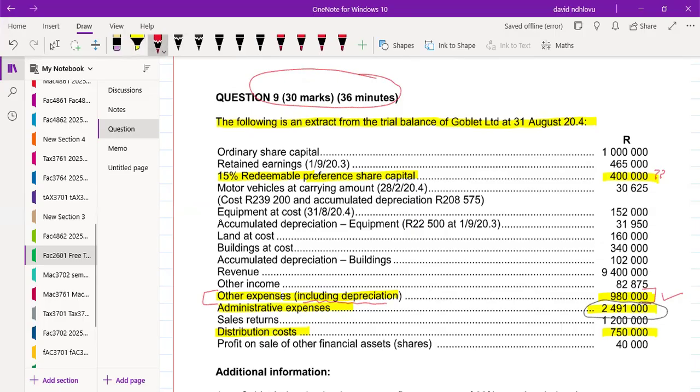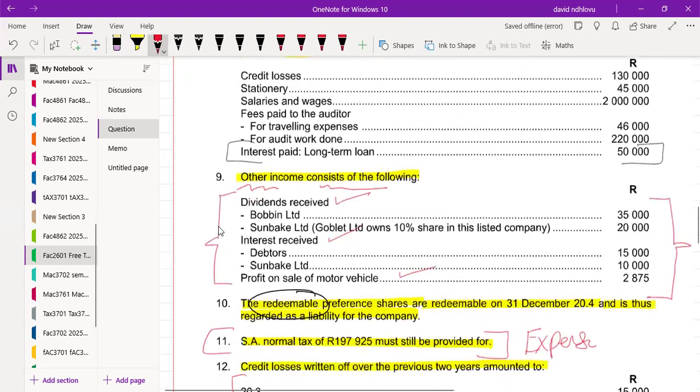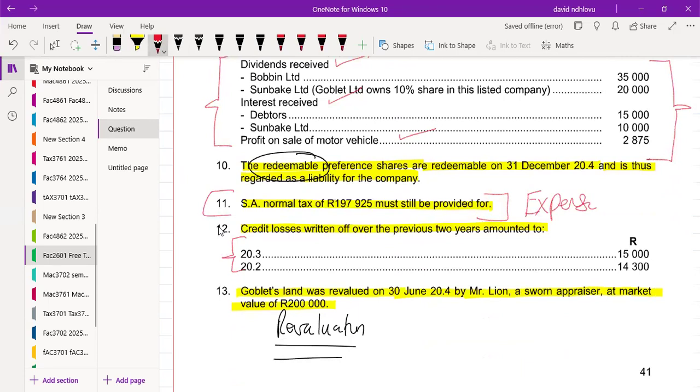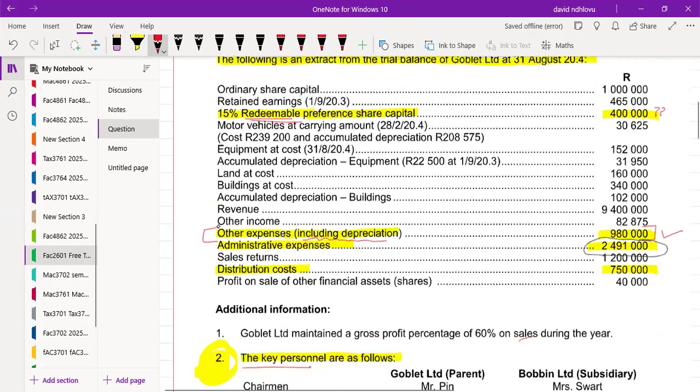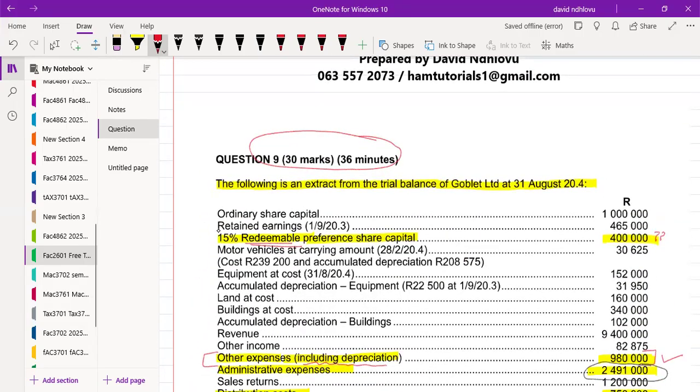But you only do this if these are redeemable, and they emphasized here that the redeemable preference shares are redeemable on 31 August and are thus regarded as a liability. A liability pays interest regardless of the name that it carries. So this is a liability. The dividend, we treat it as interest.